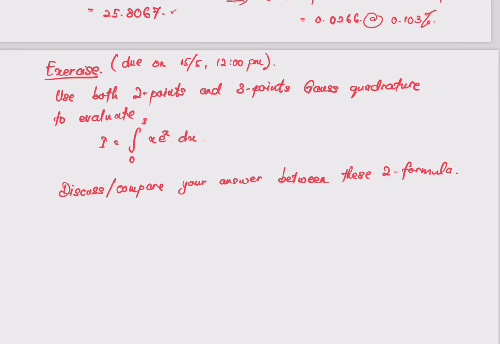How can we apply these two formulas to evaluate our definite integral of a function of x with respect to x from a to b for the interval, where the key point is we need to transform our function by using the transformation formula.